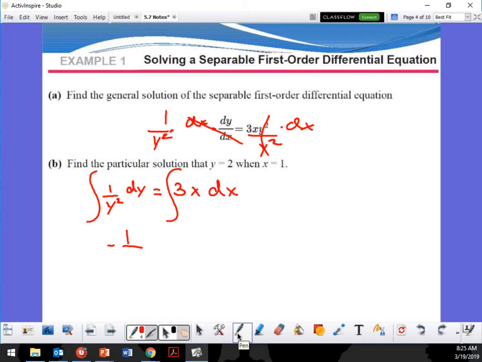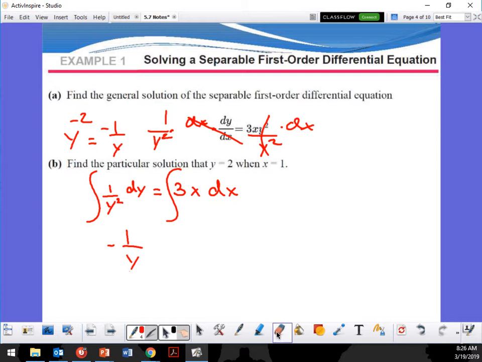Integration, I add 1 and then divide by that number. So if I add 1, it becomes -1, and dividing by -1 makes the whole thing negative. So I'm just going to put it back down, so that's -1 over y, right? Okay, good.